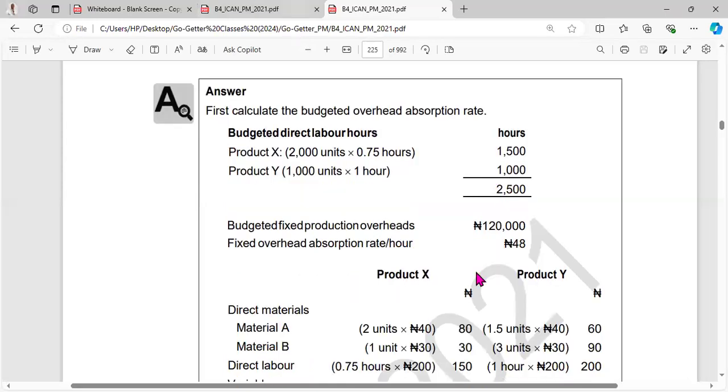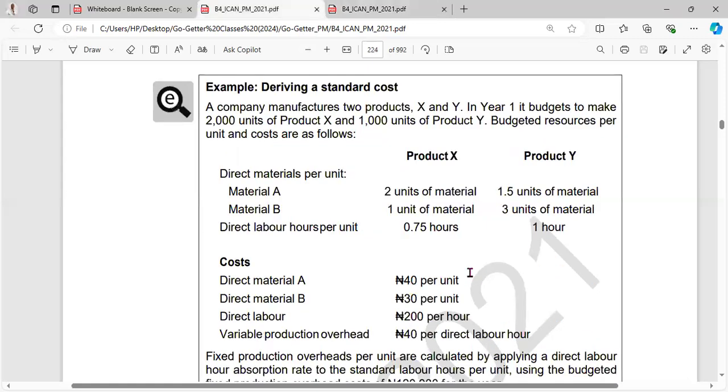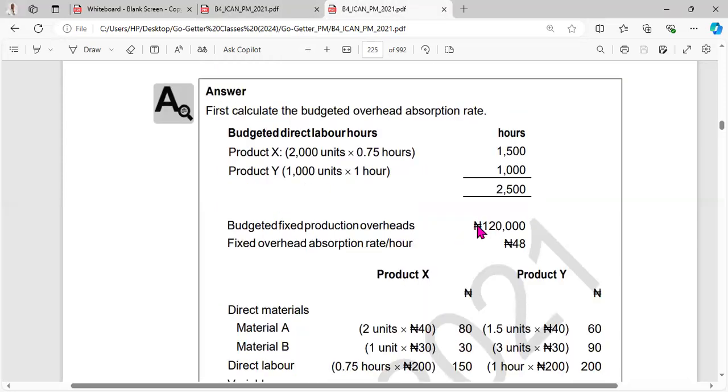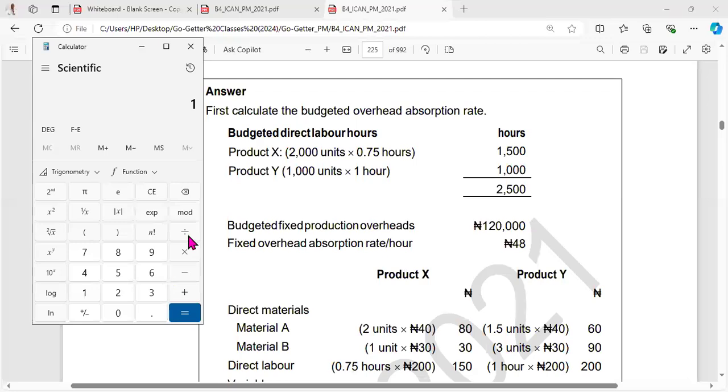Then we are told the production overhead cost for the year is 120,000. So the overhead absorption rate is total overhead cost, 120,000, divided by the number of hours, 2,500. That gives us 48. So your fixed overhead absorption rate here is 48.